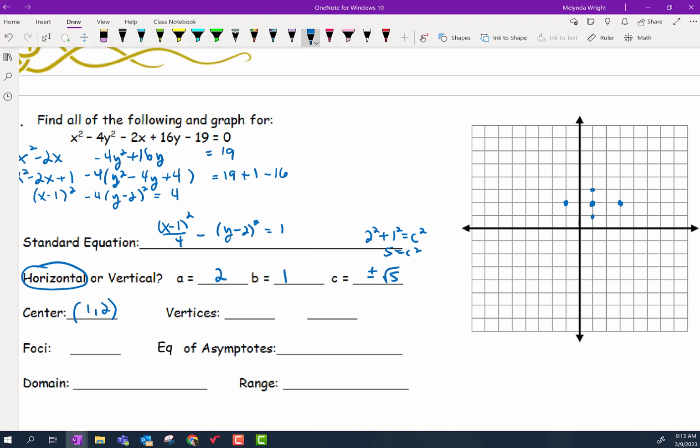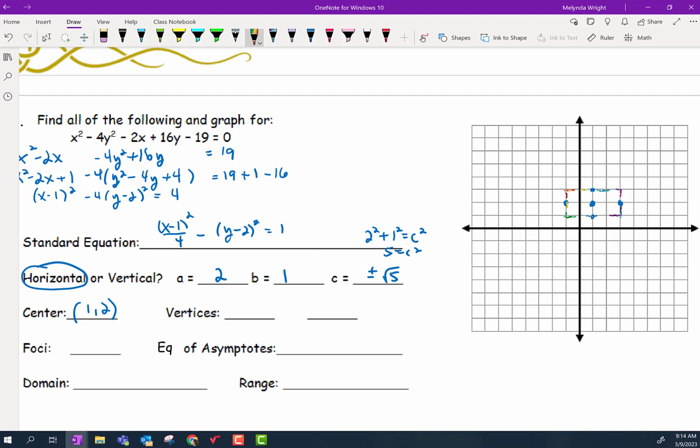Now this is where I draw my box. I would recommend that you draw the box. We're just going to connect all of our pieces together, and we're going to draw our asymptotes.